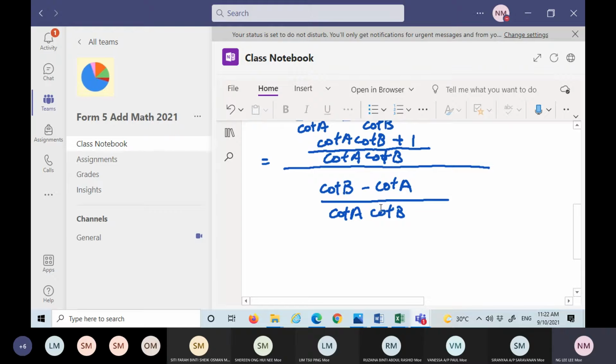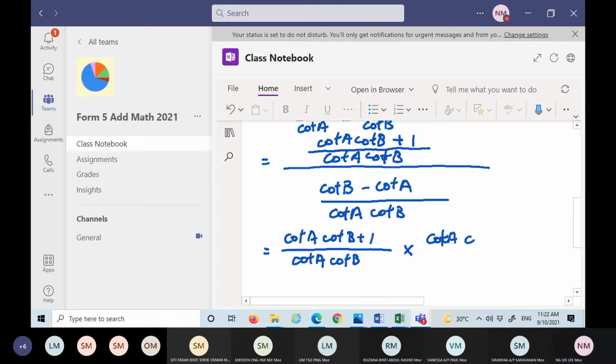Okay, a fraction divided by a fraction, so you can write in this way. Okay, this is the numerator. I just copy. Okay, divide, so if I write times, this one will be turned upside down. Okay, so cotangent A, cotangent B, cotangent B minus cotangent A. Okay, so here this one can cut.